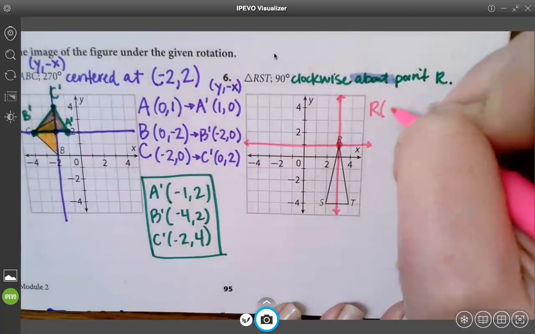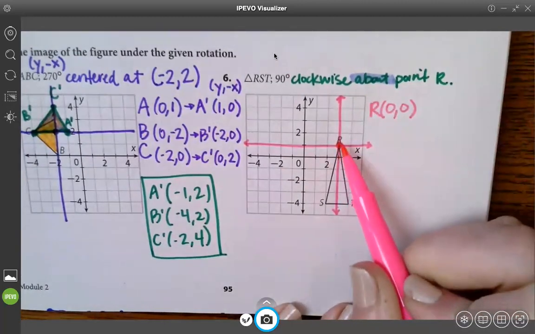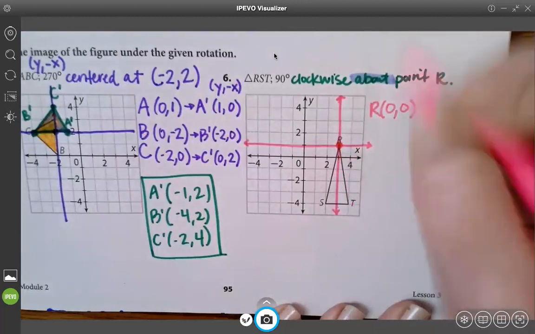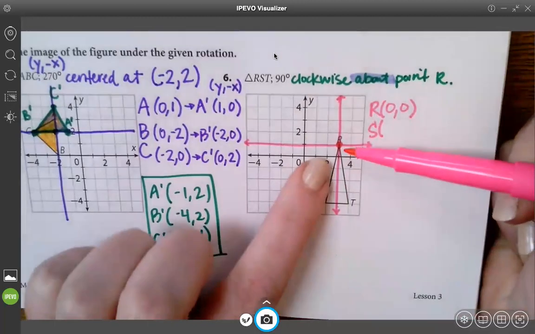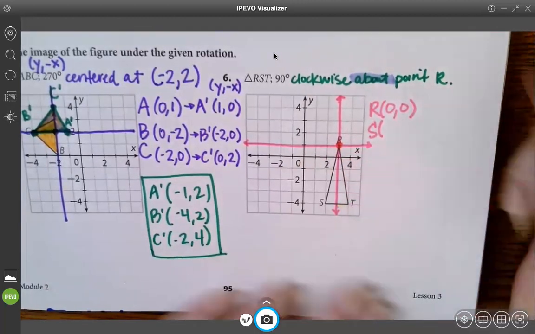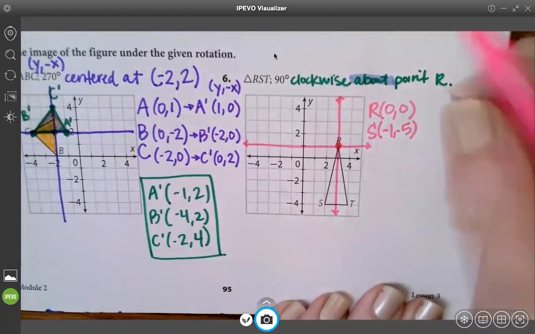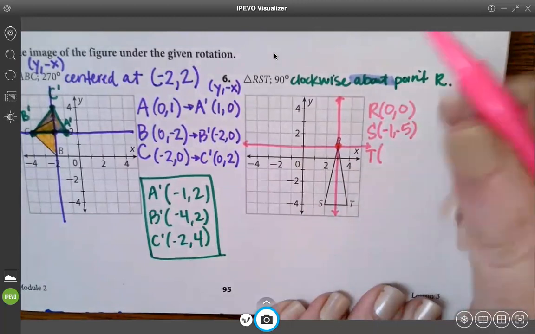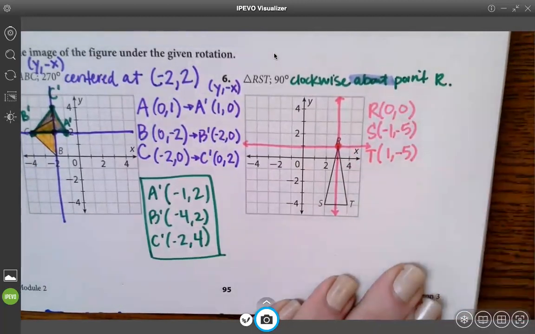So R is at 0, 0 because our rotation is spinning around R. S is at -1, -5 on our temporary axes. And T is at 1, -5 on that temporary set of axes.